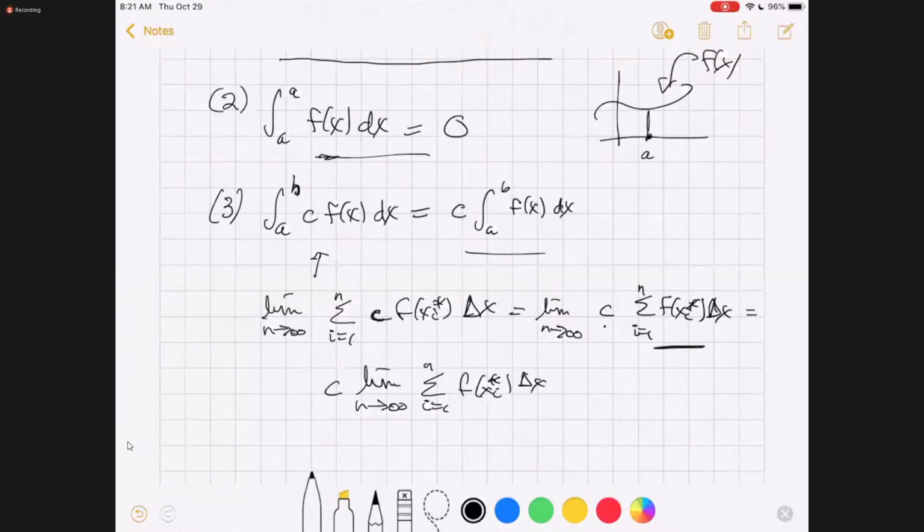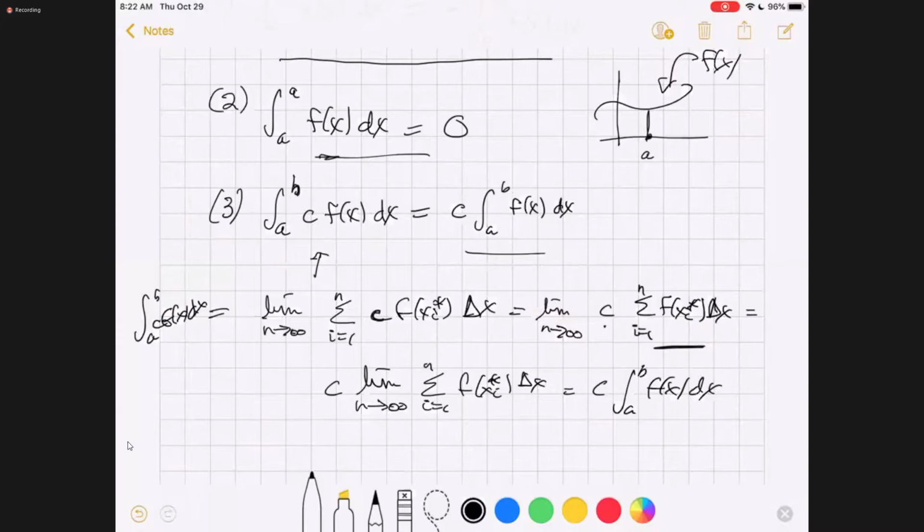So basically, this is the integral from a to b of c f of x dx, and this is c times the integral from a to b of f of x dx. So constants can come out.